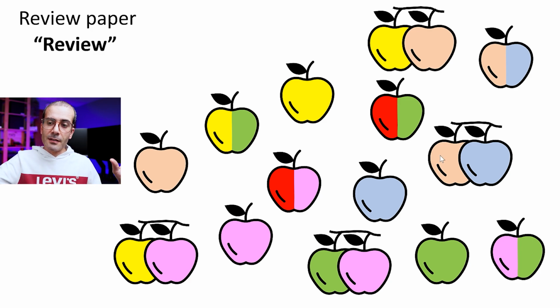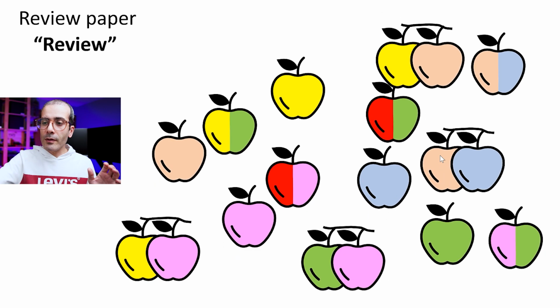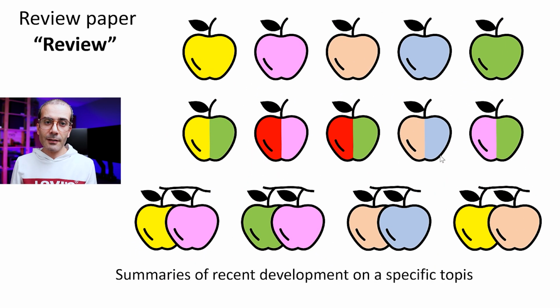If you go and summarize these and put all of the ones that are similar to each other in one category, and then explain them, compare them and have a story, then you can publish that as a review. So basically you usually summarize the recent works on one specific topic and publish it as a review paper.